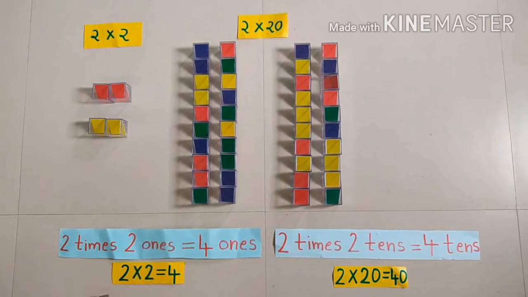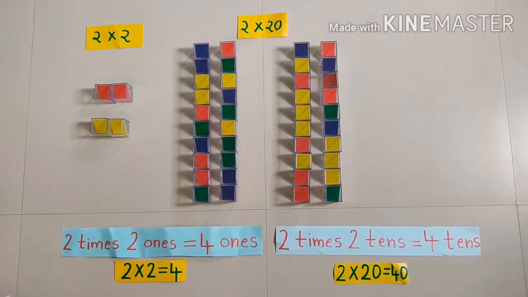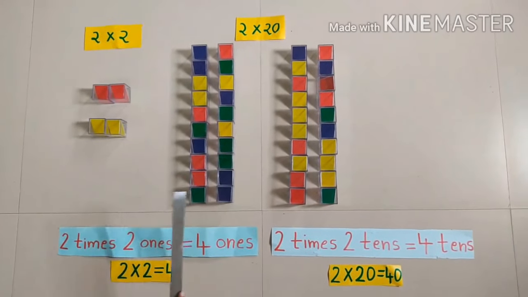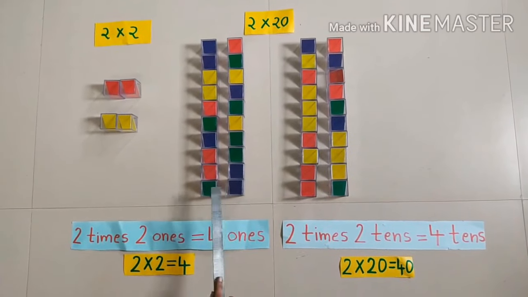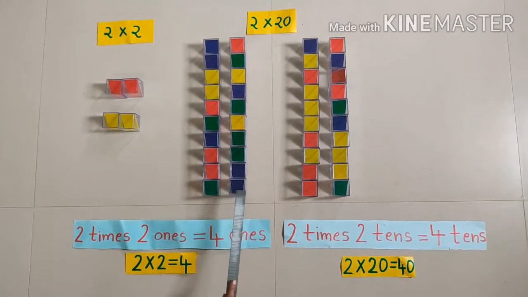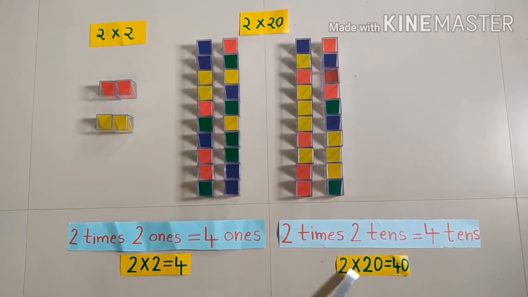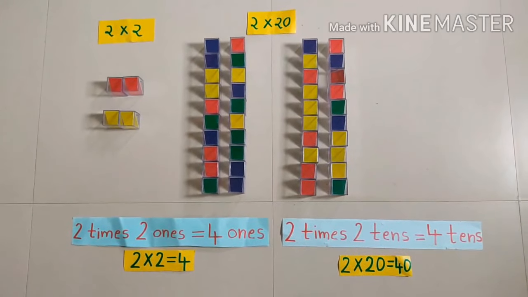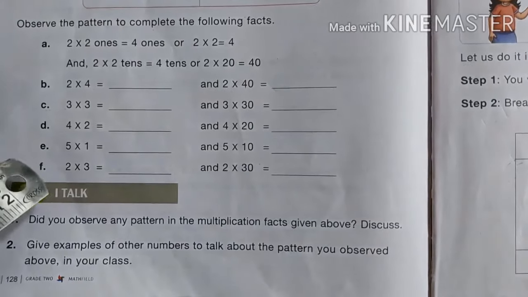Or we can say 2 multiplied by 2 is equal to 4. Here 2 times 20 means 4 tens, 1, 2, 3, 4. Or we can say 2 multiplied by 20 is equal to 40. So children, observe the pattern and complete this question in your maths textbook.